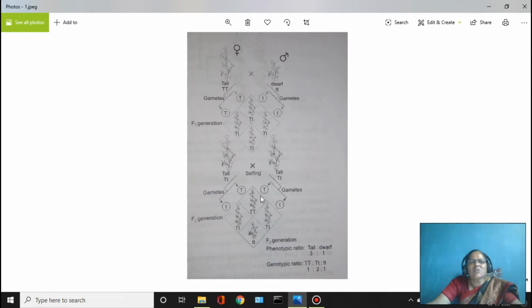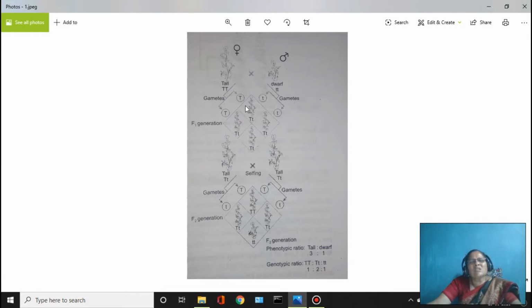At the top of the horizontal column, we enter the female gametes, and on the left side of the vertical column, we enter the male gametes. If we do the reverse, it is also applicable. That's no problem. And the progenitors of the cross, we enter into these square boxes.